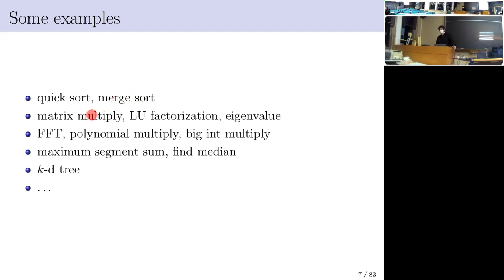And matrix multiply. So this is typically expressed in just a triply nested loop, but actually you can formulate it as a divide and conquer algorithm. The matrix multiplication of a larger matrix can be divided into several sub-matrices, and the entire result can be obtained from the results of the multiplication of these sub-matrices.